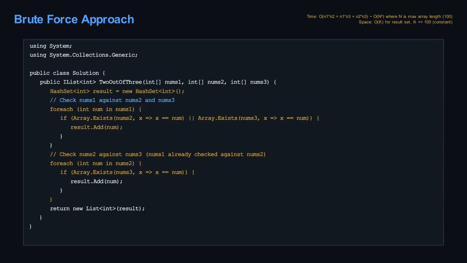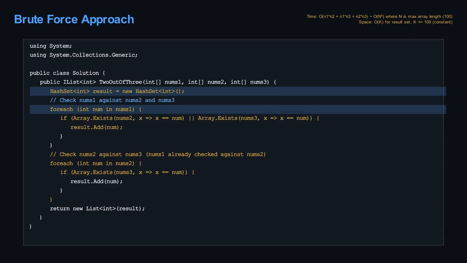A straightforward but inefficient approach involves iterating through the first array, and for each number, checking if it exists in either the second or third array. Then, we do the same for the second array against the third, ensuring we don't double count. This would involve nested loops or repeated linear searches.